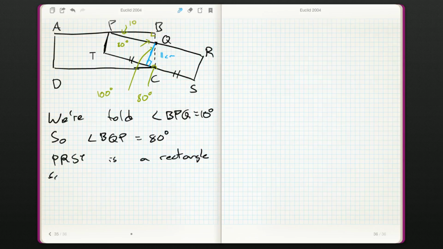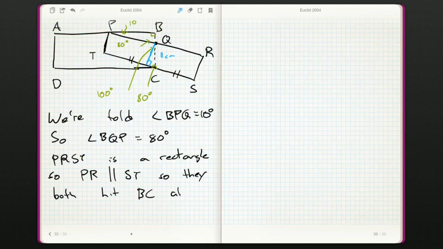So PR is parallel to ST. So they both hit BC at the same angle. Oh, if this is an 80, then this here's got to be a 10.